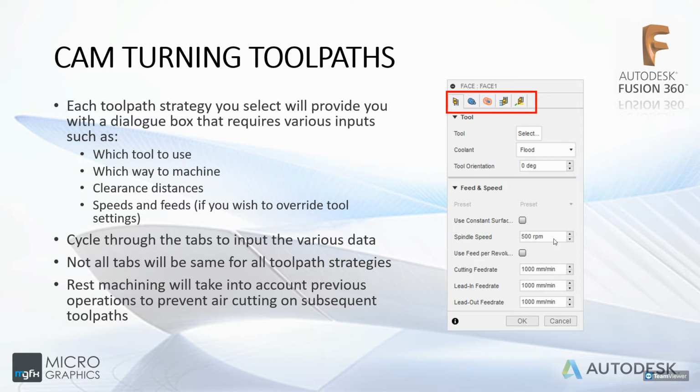You can also define your clearance distances, so the radius at which the tool must be away from the stock material in order for it to rapidly move, to ensure that it's quite safe and doesn't collide with anything. We can also define our speeds and feeds if you wish to override the tool setting. What does that mean? Generally, when you're creating your tool, and we will come to this in the following slides, you would have the option to tell Fusion what speeds and feeds that tool should operate at.